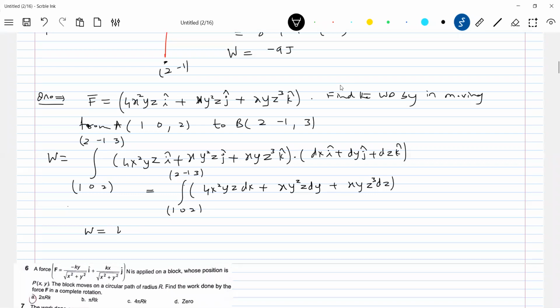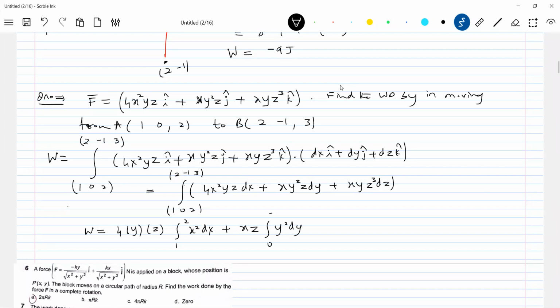So 4, if I had written directly, below that I'll write that particular value of y and z. So it'll be easy for you, that we have substituted that value. So 1 comma 2, x square dx.